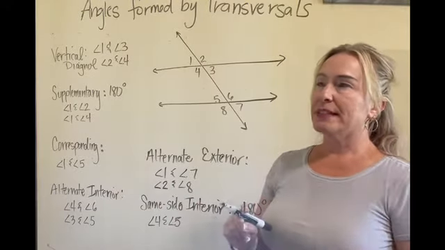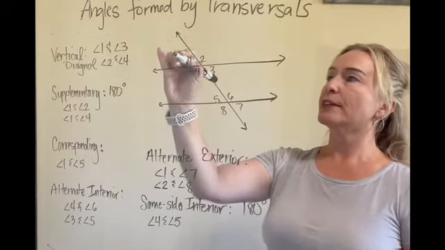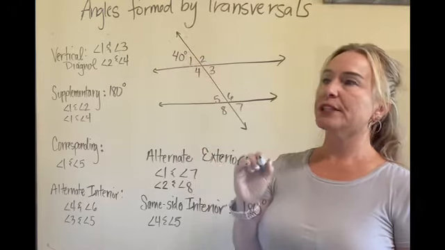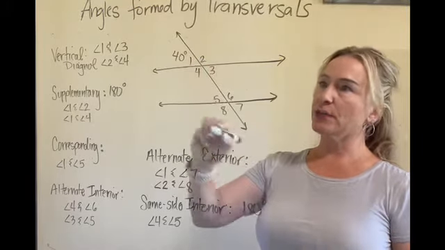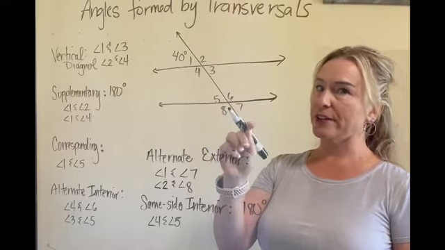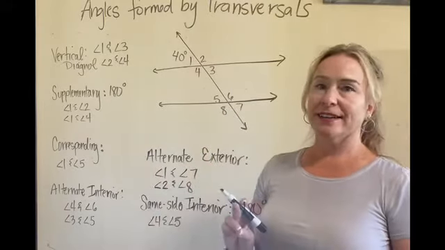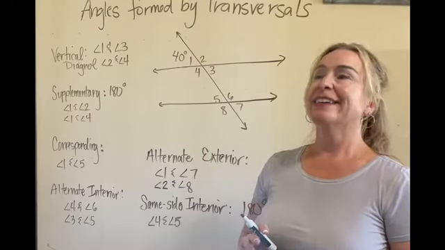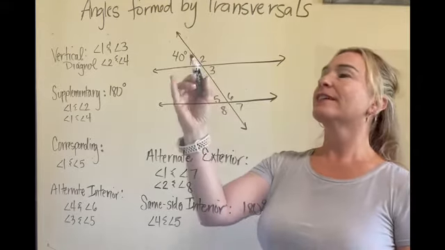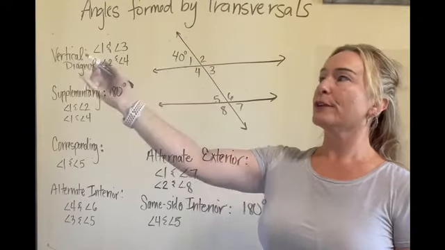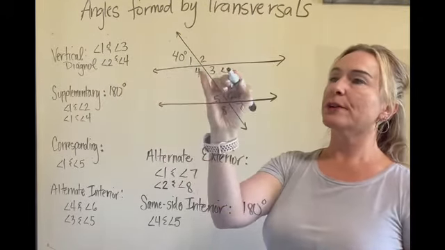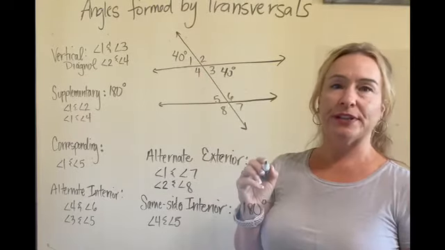Now let's put this to the test. If I were to tell you that angle 1 is 40 degrees, let's figure out the angles of all the rest of the angles, all the values, based on all of these angle relationships. Ready? Okay, here we go. 1 and 3 are vertical angles. So we know that 3 is also 40 degrees.